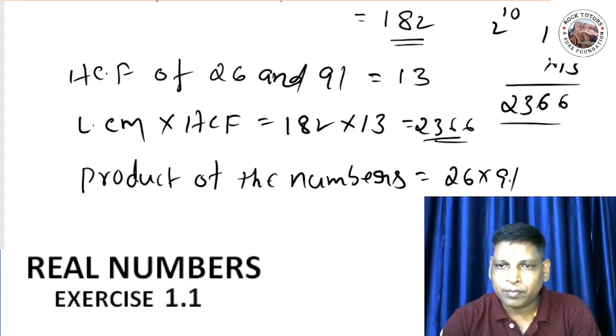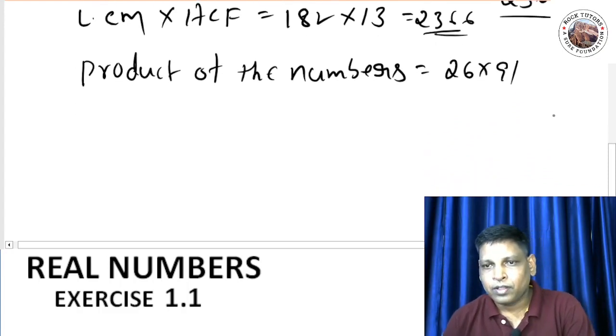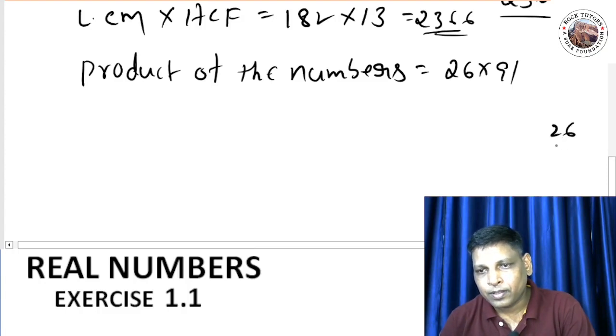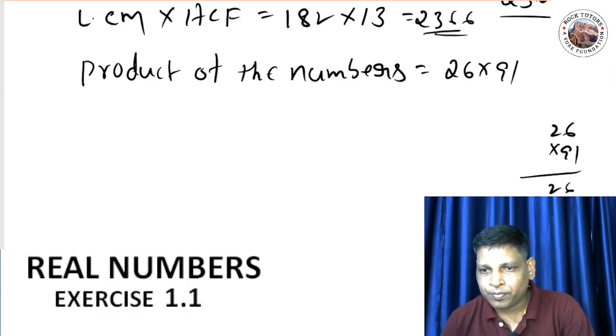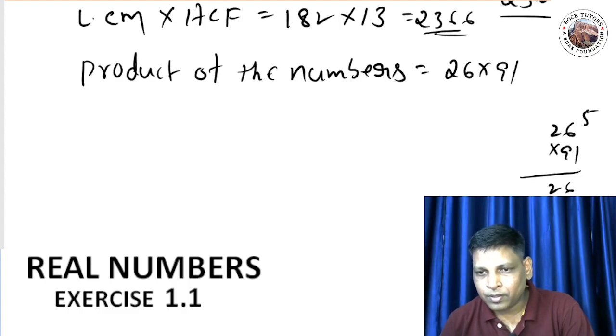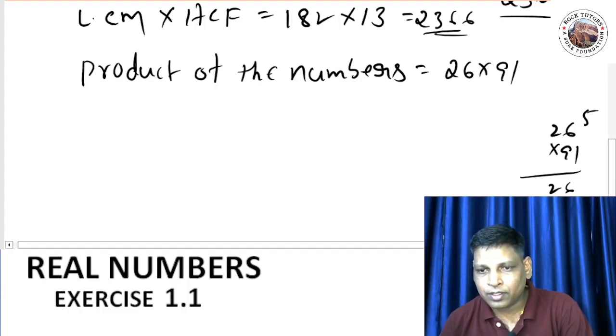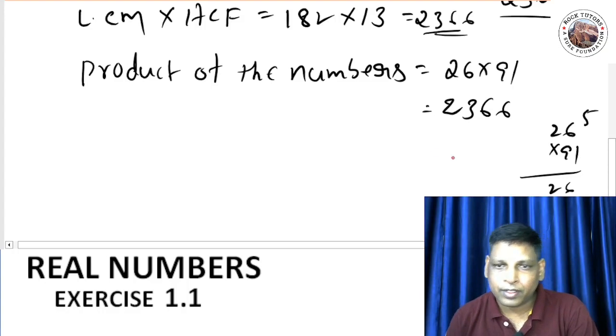Multiplying in rough work, 26 into 91, we also get 2366. See here, both are the same.